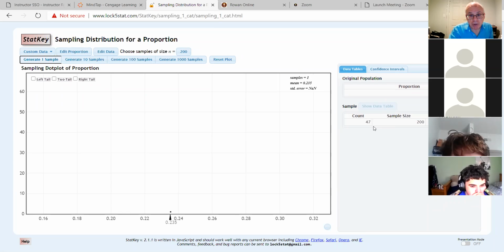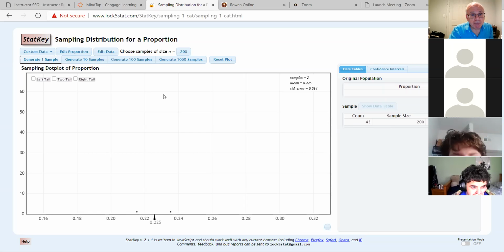In this particular case, the computer, this is just a random number generator, just picks numbers. It picks 47 out of 200, which is 0.235 as a proportion. If you divide those two numbers, that's our sample proportion. I pick another sample, and it picks 43 out of 200. So it's just randomly picking counts.